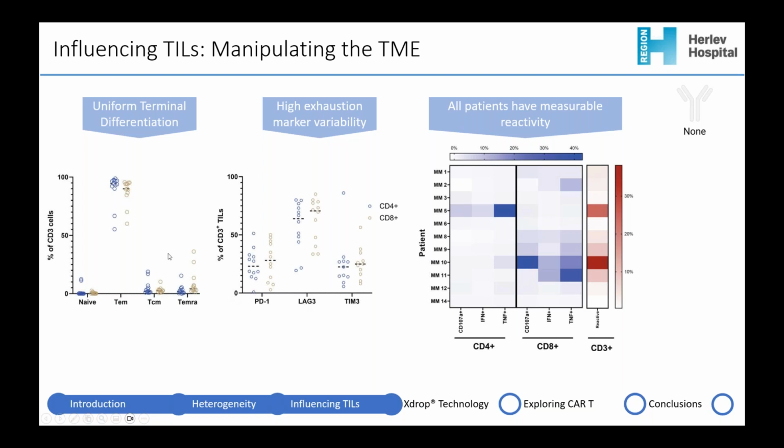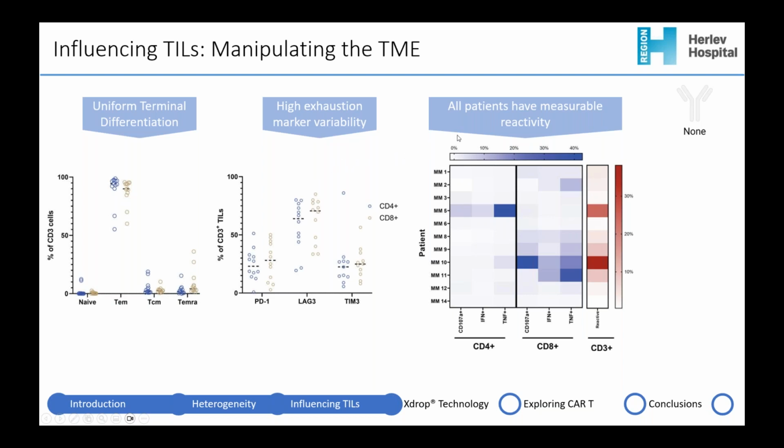In these unmodified TILs, made how we typically make TILs with these products, we wanted to look at some characterizations. In the phenotyping, we found uniform terminal differentiation. Most of the TILs are of the T effector memory population. They all have a lot of variability in how much and which exhaustion markers they express.